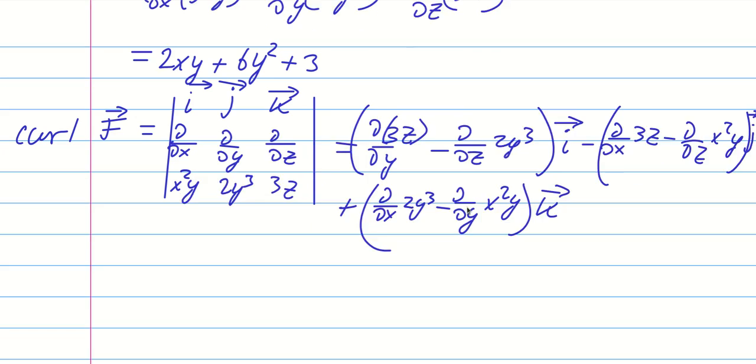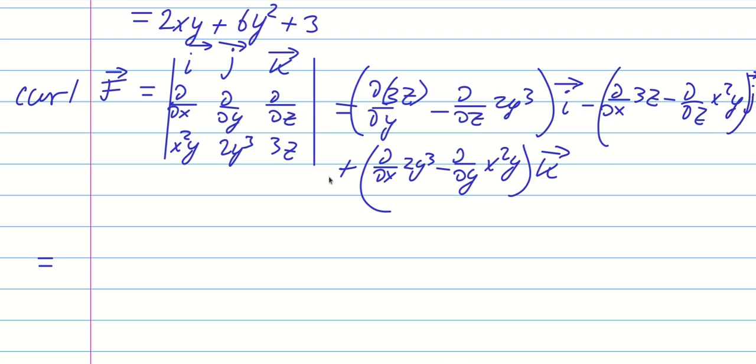Right. All right. So when we calculate it, what is the partial with respect to y? So it's going to be 0, and did I make a small mistake here? Let's check. Yeah, I made a small mistake here.